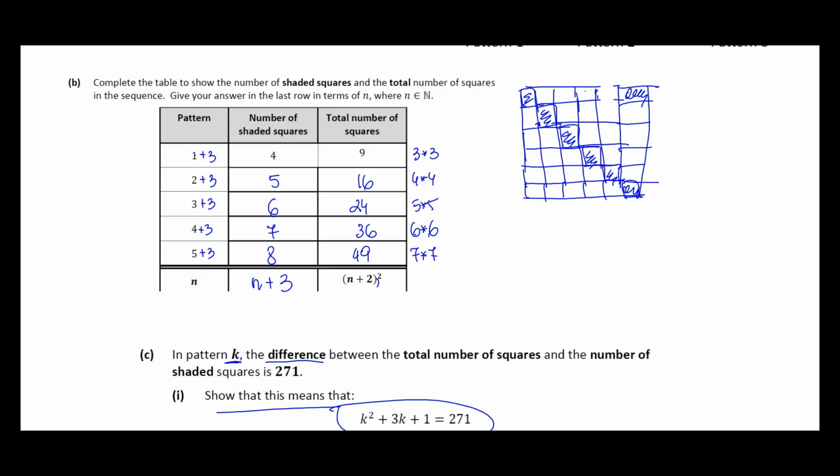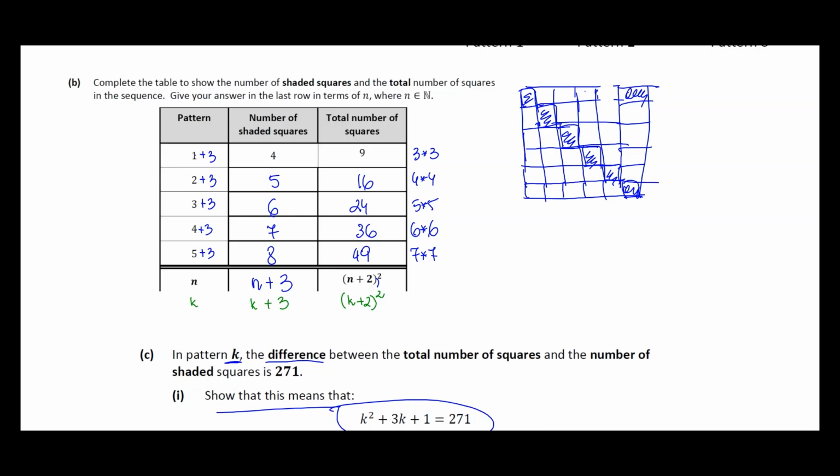Now, our pattern is K. The number of shaded squares we already understood: you take the number of the pattern and add 3. And for the total, you take the number of the pattern, add 2, and take that to the power of 2.